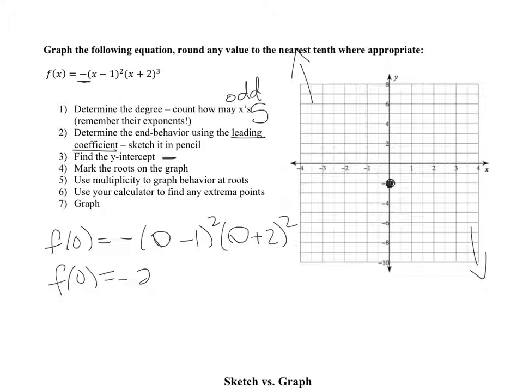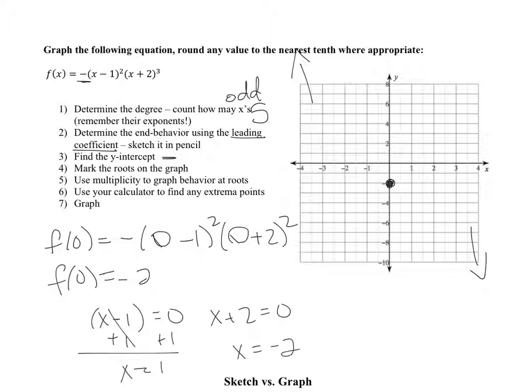Mark the roots on the graph. We know x minus 1 is a factor, and x plus 2 is a factor. So we simply solve it: x equals 1, and x equals -2. So here and here, those are our roots.